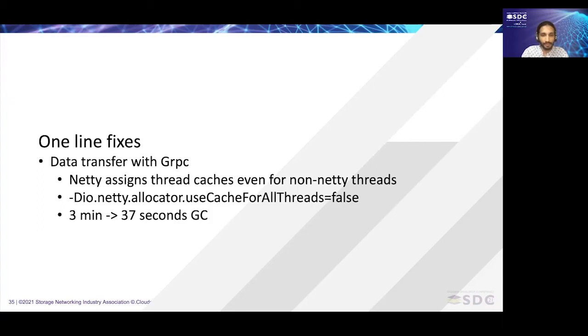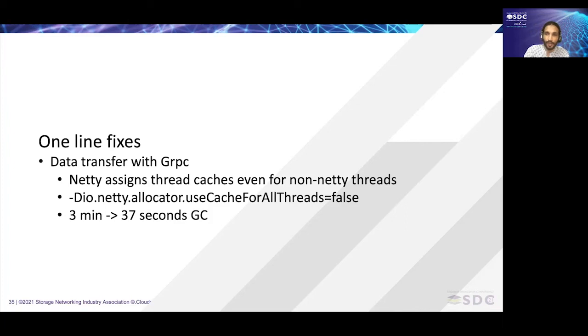Netty has a library for buffer allocation. In case a non-Netty thread is making a call to this buffer library, Netty would allocate the buffer, but it will also assign a thread cache for the thread making that request.